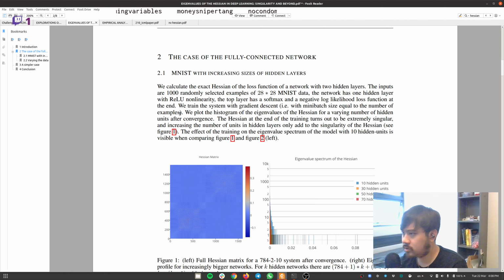Okay, we train the system with gradient descent. Wait, but how big is this layer? We don't know, right? Okay, it depends. We train the system with gradient descent with mini-batch size equal to the number of examples. So full batch, right?